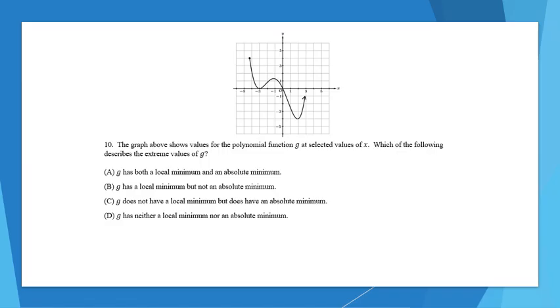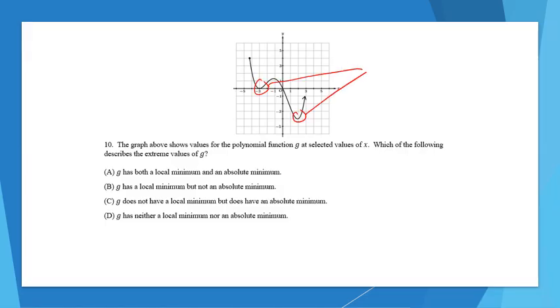10. The following values is shown. Which of the following describes the extreme values? Does it have a local or absolute minimum, or both, or neither? So here, let's take a look. I see 1, 2 local minimums.